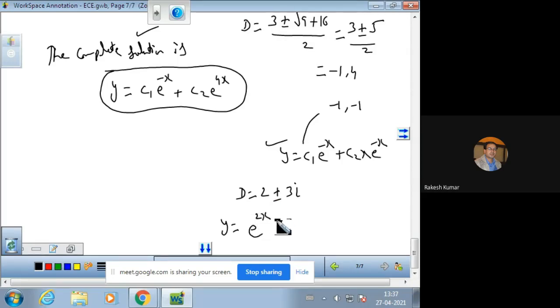Real part is 2, so that is 2x, and inside there will be c1 cos of 3x plus c2 sine of 3x. This will be your solution in that case. So this is the way for writing down the solution of imaginary roots, an imaginary conjugate pair. So we will write the solution like this.